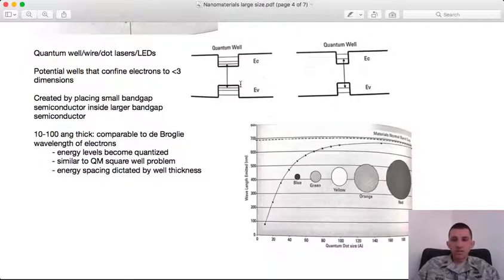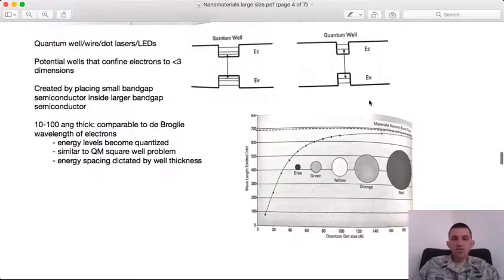So if I can control very precisely the thickness of this semiconductor layer, then I can have control over the energy spacing of these bound states and also the transitions between them, right? The energy of the transition is dependent upon where those bound states are.